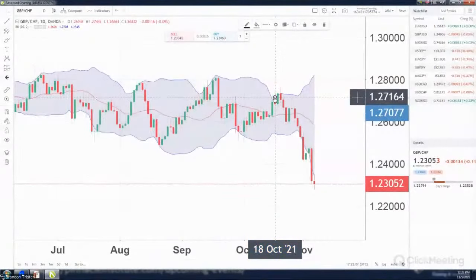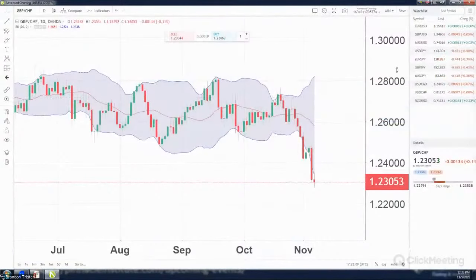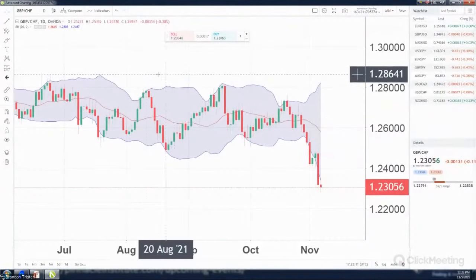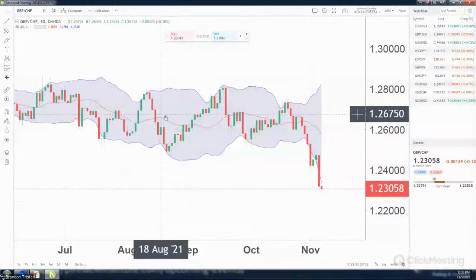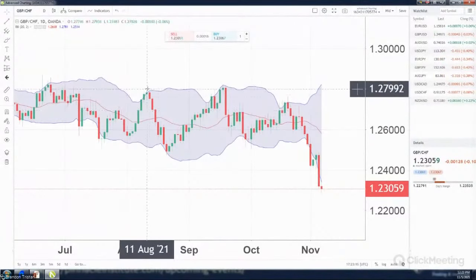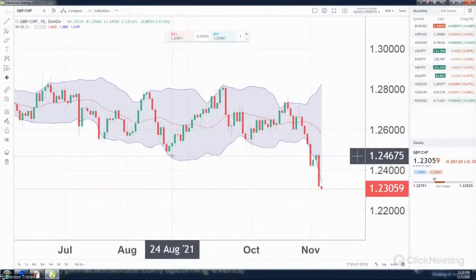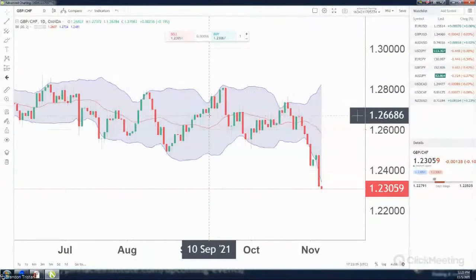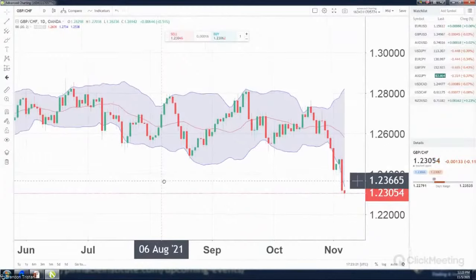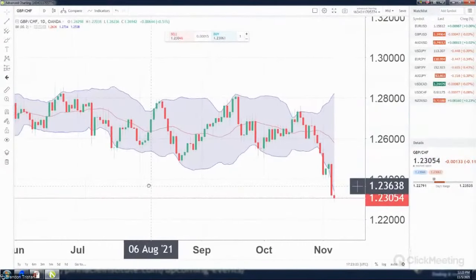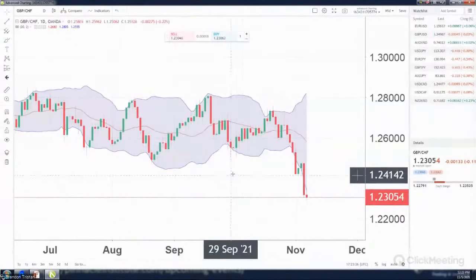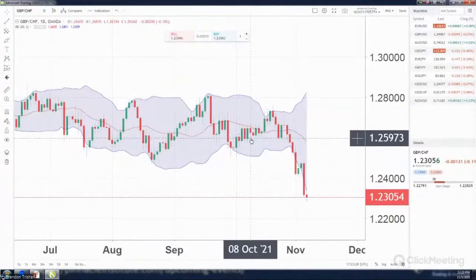Let me get rid of this. Bollinger Bands aren't too bad, but within here there are some day trading opportunities as well. For example, on this one right here, you're going to miss out on some profits.